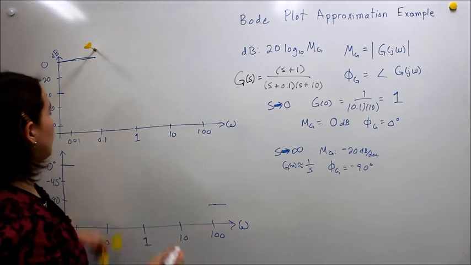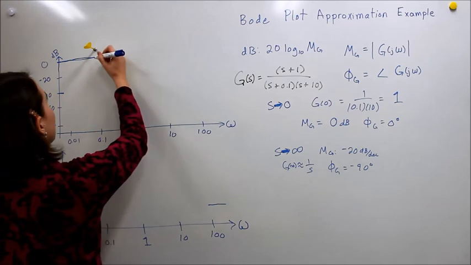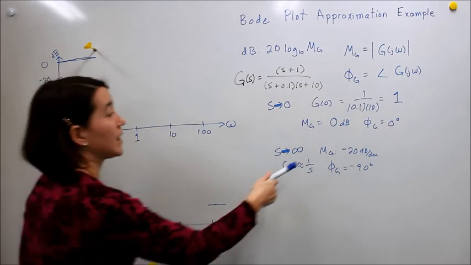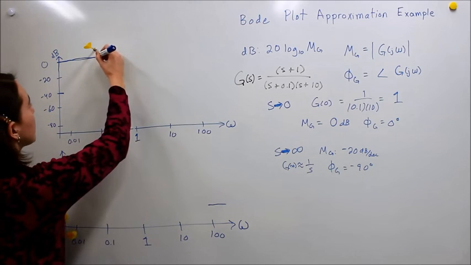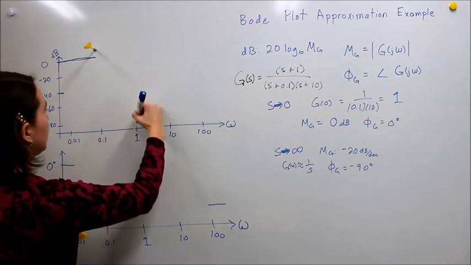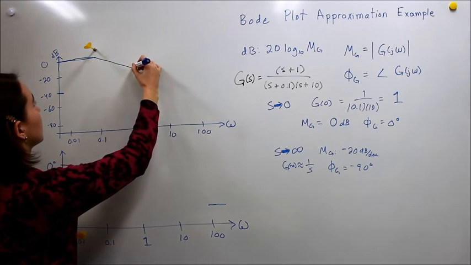Once it hits this first pole, it'll start to decrease at -20 dB per decade, because that's the effect of the single pole. So here's our next decade, -20, go to this point.